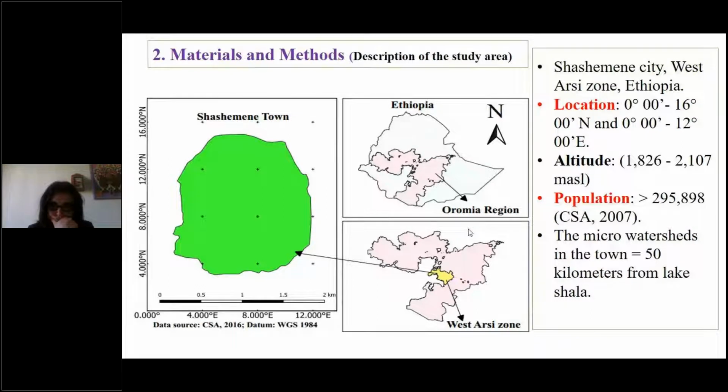The major point here is that a variety of micro watersheds generated from the city are only around 50 kilometers away from Lake Shala. What you can understand from here is that the waste generated from the town has the potential to pollute Lake Shala.